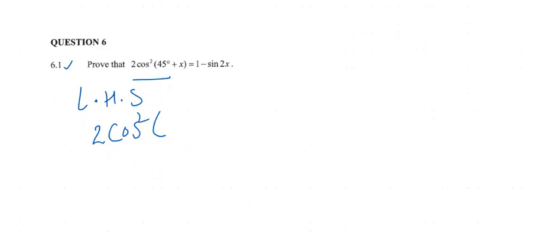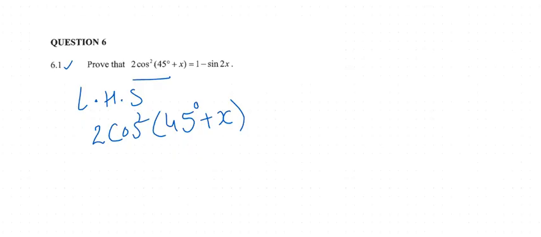So what is the formula of cos 2A? It is cos 2A equals 2 cos square A minus 1. I'm writing the formula over here.